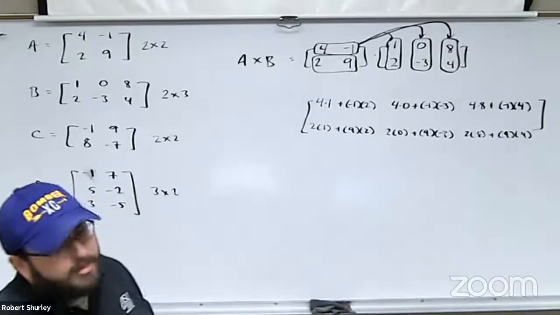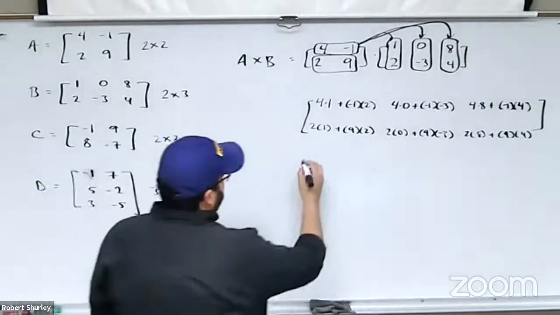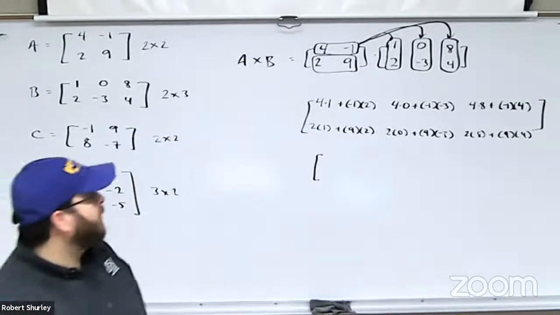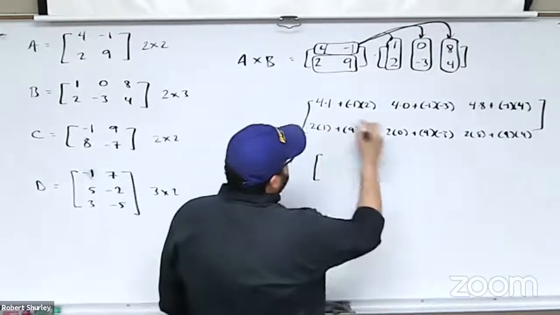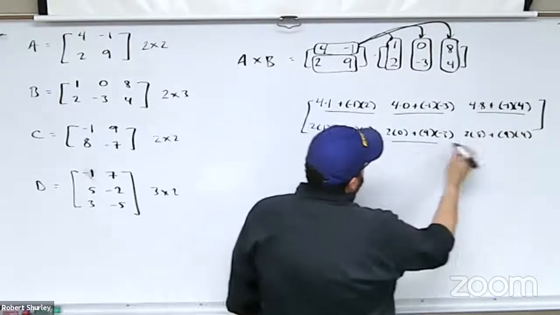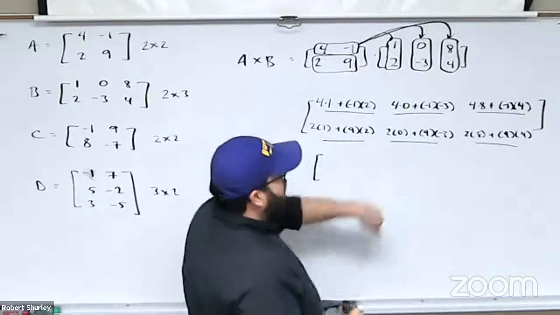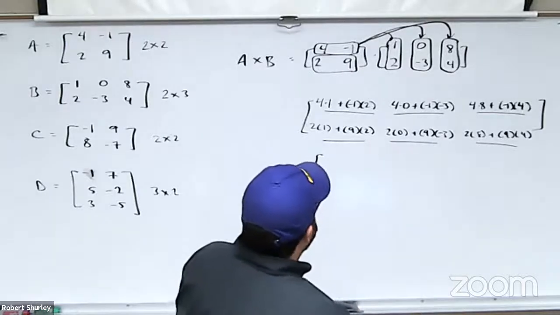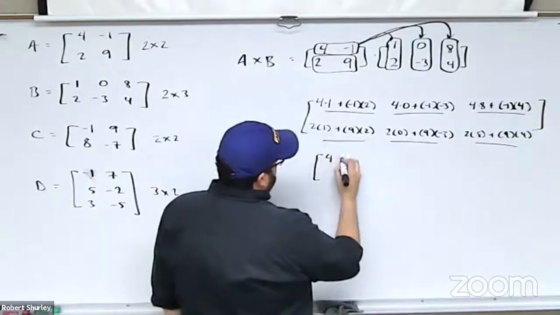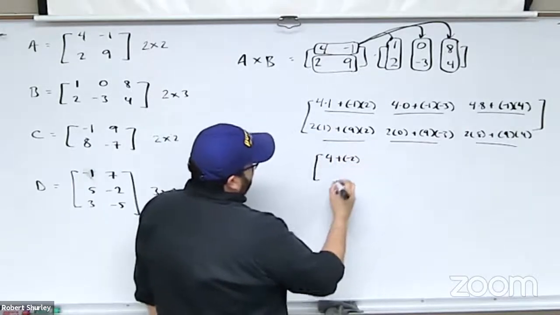And now I've just got a whole bunch of basic math to do, okay? And I can't get any of it wrong. If you get one of these wrong, you got the wrong answer. Notice this created a 2 by 3 matrix. Let's do the basic math here. This would be 4 plus a -2.